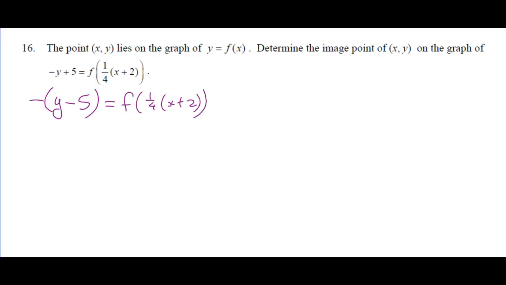Okay, somebody had a question. I thought I saw a hand up. What am I doing? Image point. So that's what I'm starting with. Okay, what's going on?